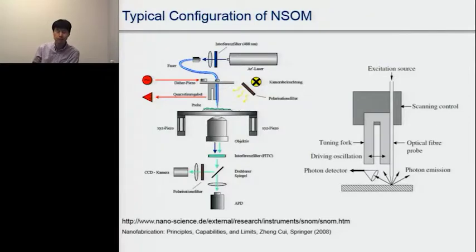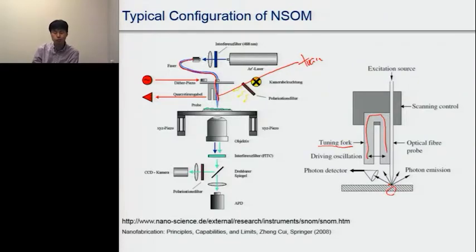And this is the typical configuration of the NSOM. The tip is transparent, and there is a tuning fork, which makes fine tuning of the distance between the tip and the surface of the sample.